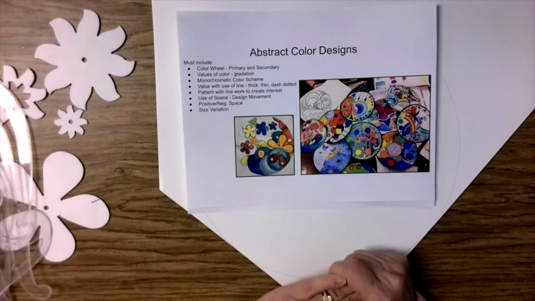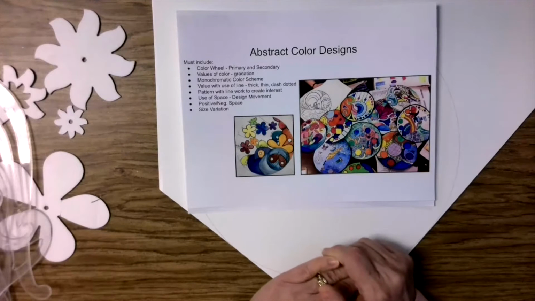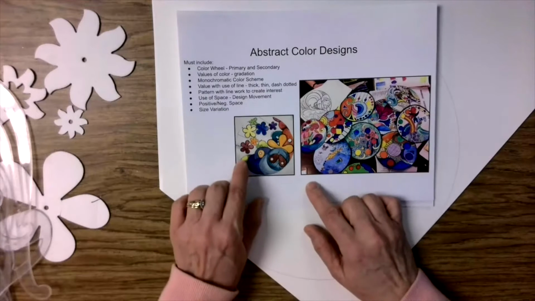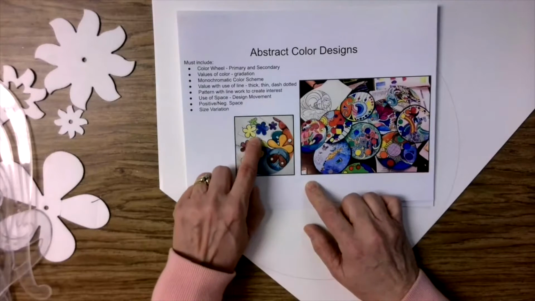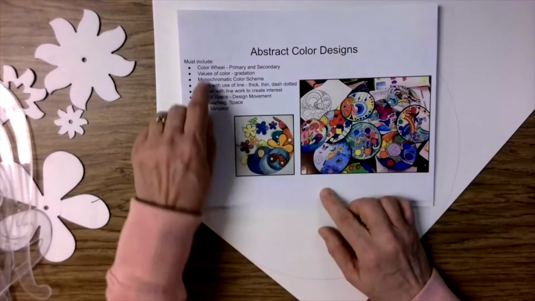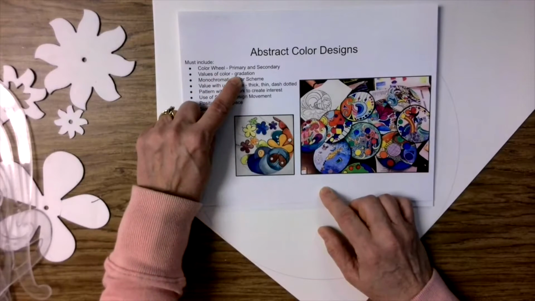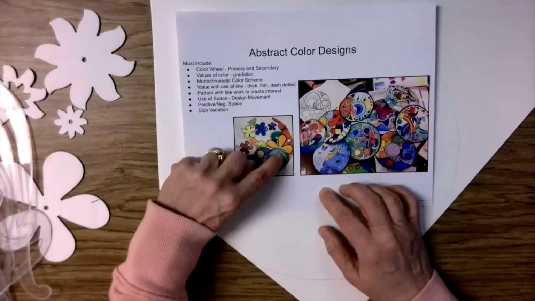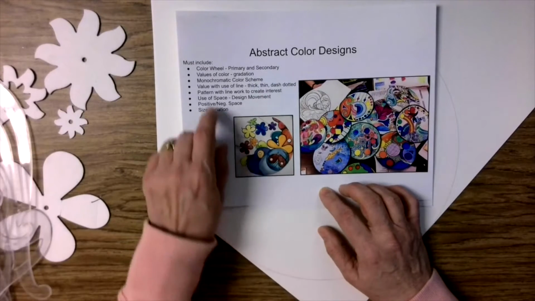But I want to point out the criteria. The criteria is you do have to have the color wheel in there somewhere. And you'll notice right here, this shape right here is the color wheel. Okay? You also need values of color in a gradation. The blues are a gradation. The red oranges to orange is a gradation.